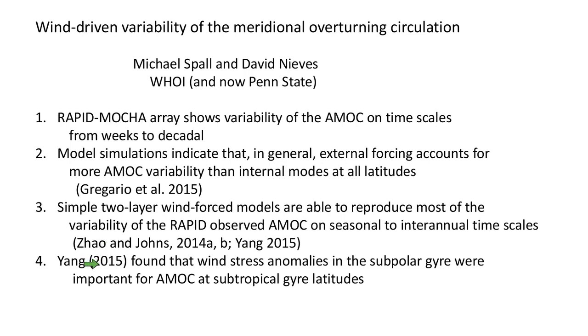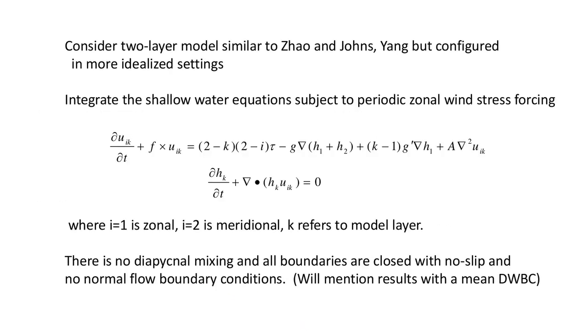In Jian's paper, he found in particular that wind stress anomalies in the subpolar gyre were important for AMOC variability at subtropical gyre latitudes, by inserting walls that would block communication. As we'll see, that's the focus of my talk: this remote forcing of the AMOC. So I'm going to do some of these two-layer model calculations.